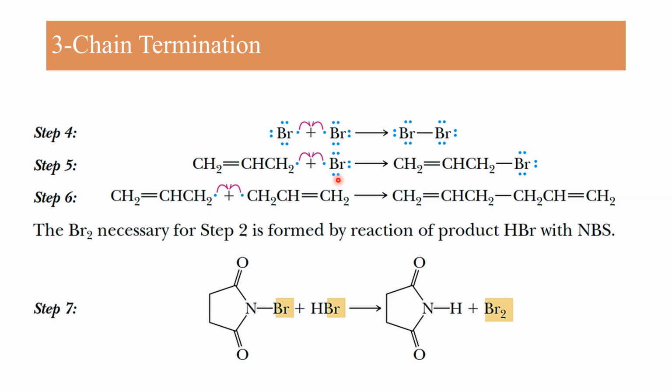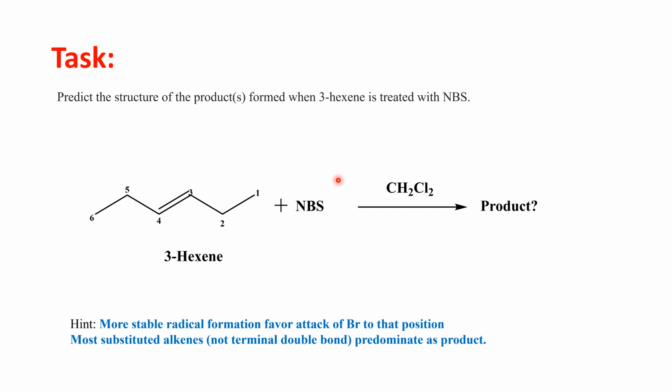So next, last but not least, is your task: you have to apply what we have discussed today about NBS as a source of bromine, in a reaction where we are retaining the double bond, not disturbing the double bond, but we are getting our alkyl halides, and this alkyl halide is basically our haloalkene, where the alkene is our hydrocarbon and bromine is the halogen source.